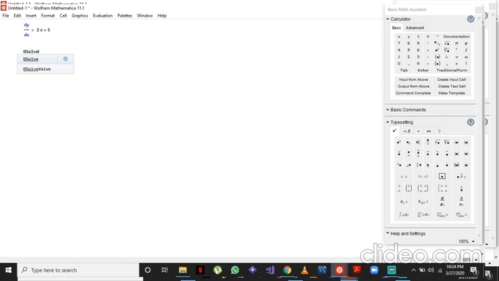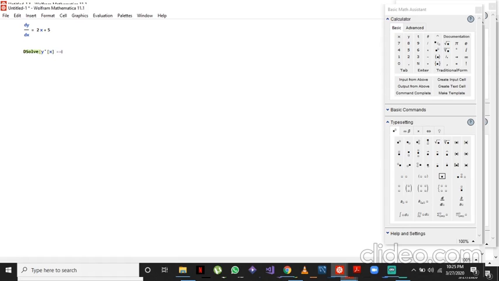DSolve is a method that is used to solve differential equations, and to solve the equations automatically we need to write DSolve, and we have to write the whole equation inside this. dy upon dx can be represented by y prime, and it's a function of x, so we have to write x in square brackets.